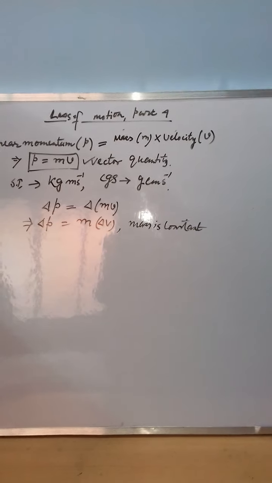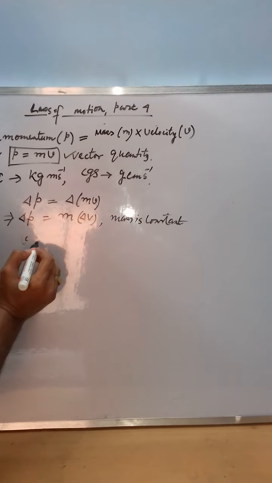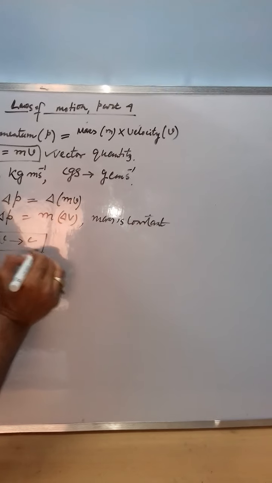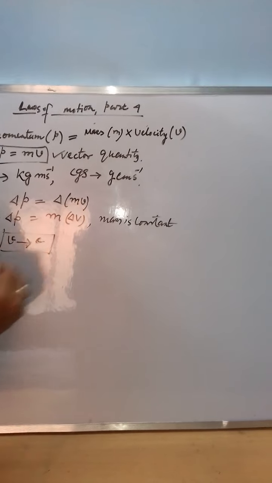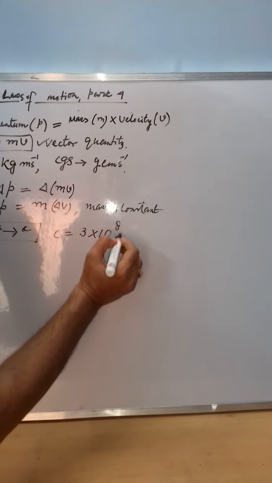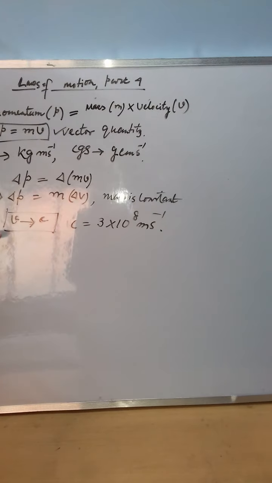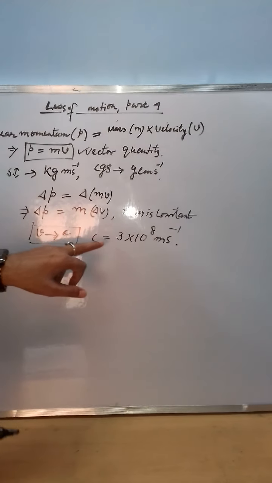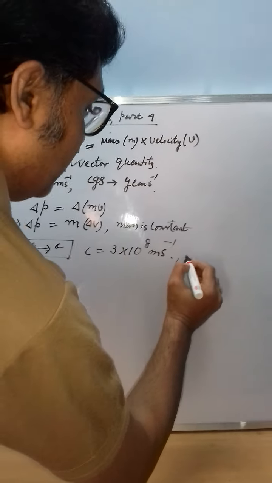But in higher physics you will learn later that if a particle moves with a velocity very much tending to the velocity of light, where c is equal to 3 into 10 to the power 8 meter per second, then the mass is not constant.